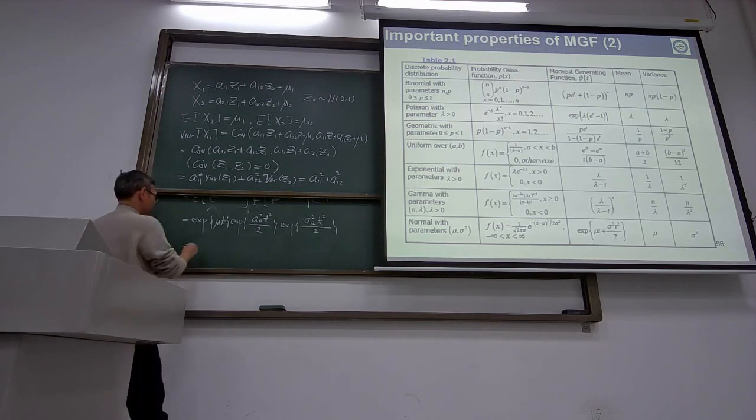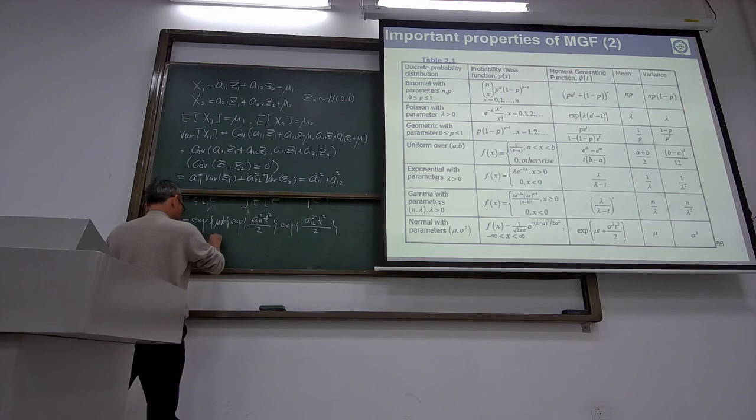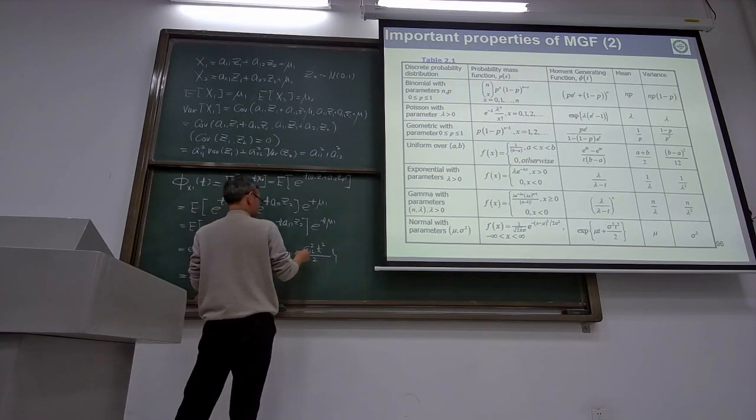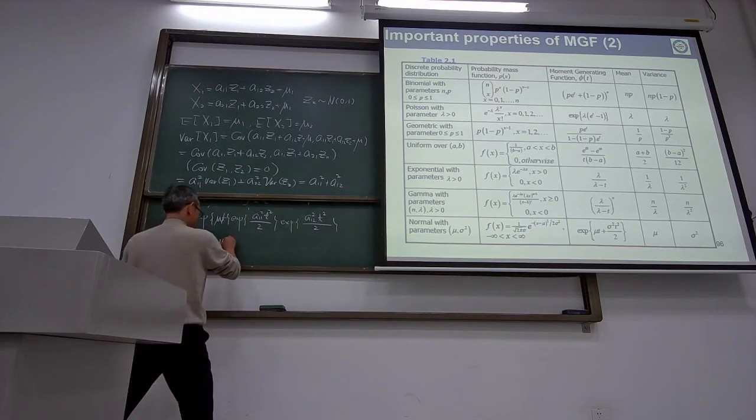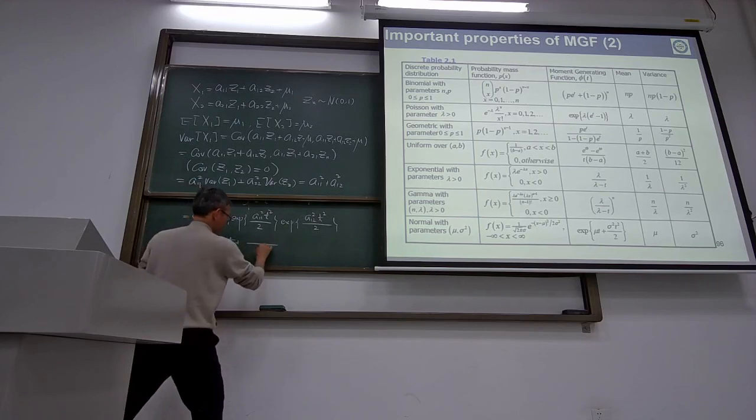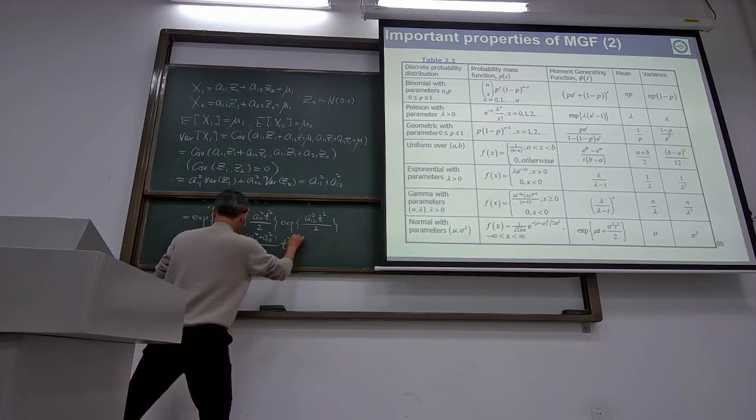This gives exponential of mu1 t plus A11 squared plus A12 squared, times t squared over 2.